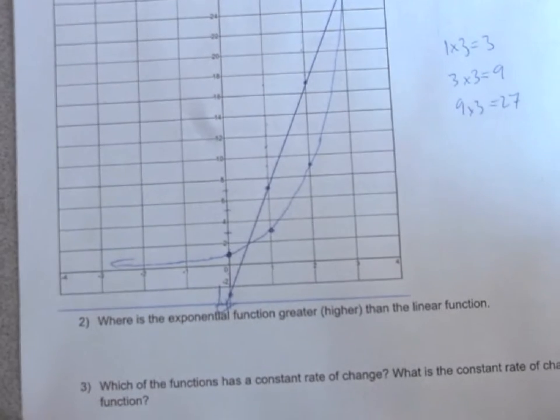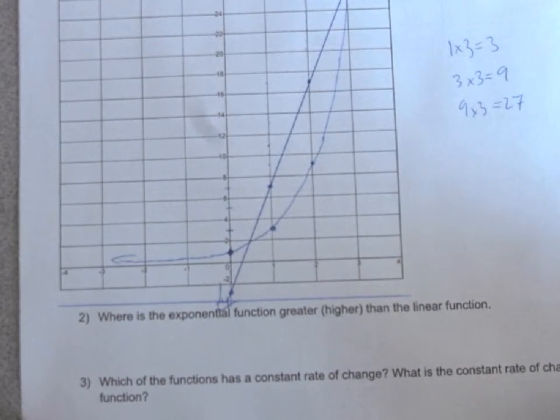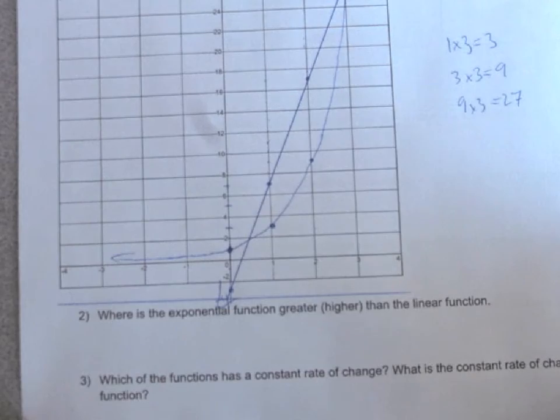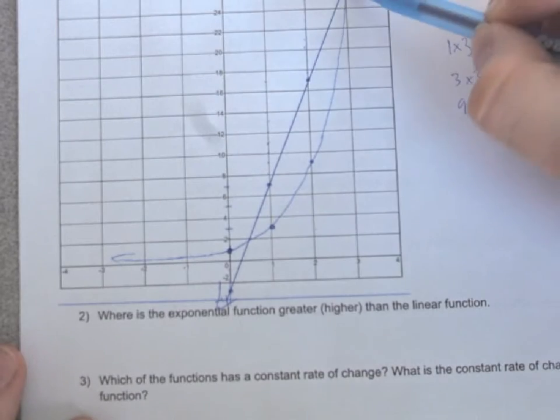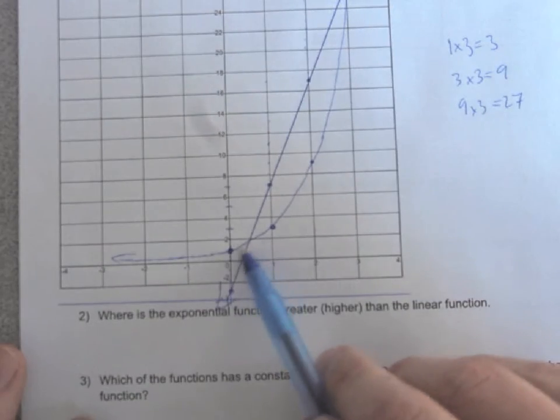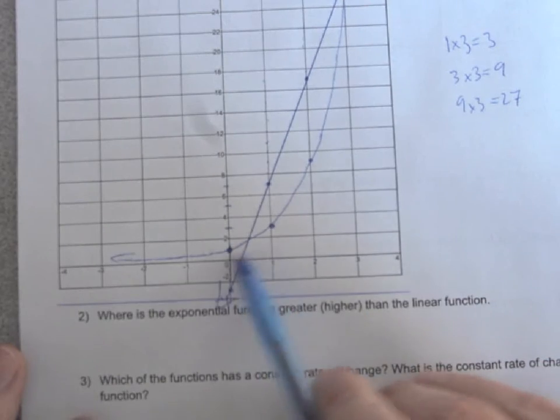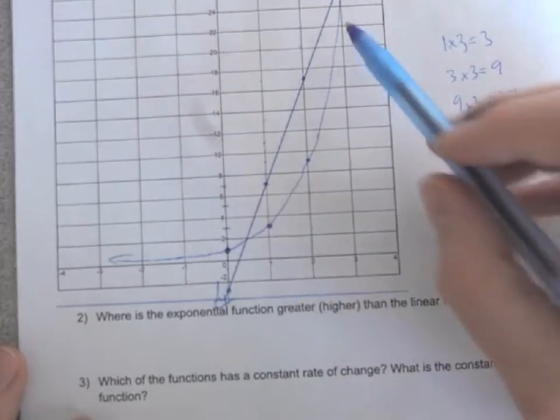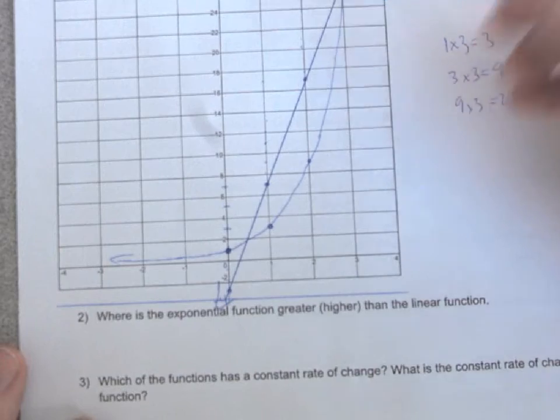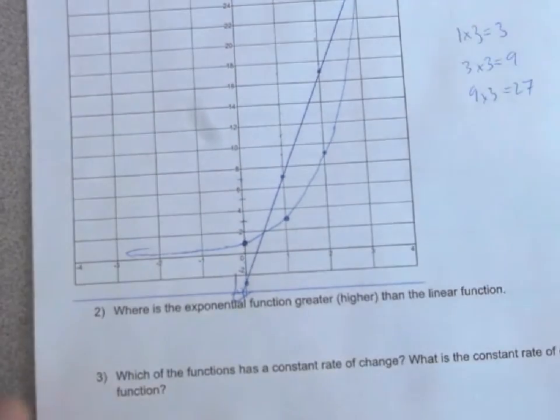Where is the exponential function greater or higher than the linear function? Well, it passes it here, but it's also a little bit higher here. So it's higher than it between 0 and 1, and then it's higher than it after 3. We can use words to do that, or we can use interval notation.